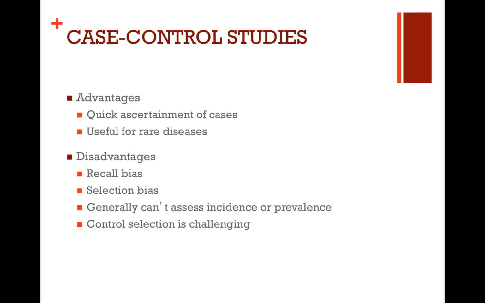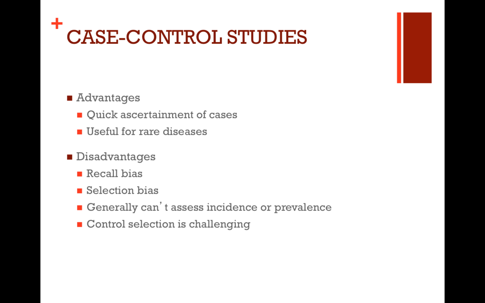The mother of the infant who was born with some sort of congenital disease is going to recall their experiences during pregnancy differently. They are going to sit and wonder and worry and remember and ruminate on every single aspect of their pregnancy in a way that the mother of a healthy infant is not.